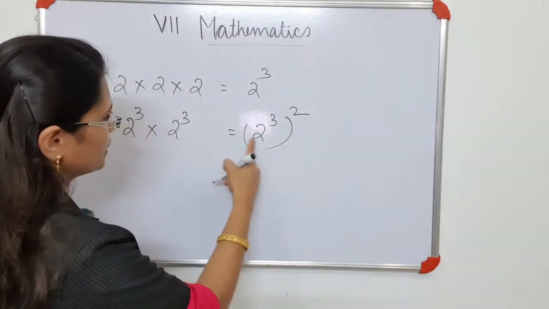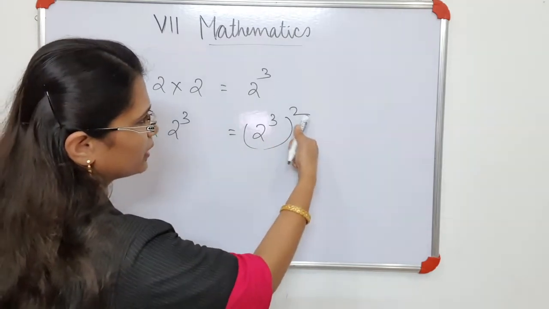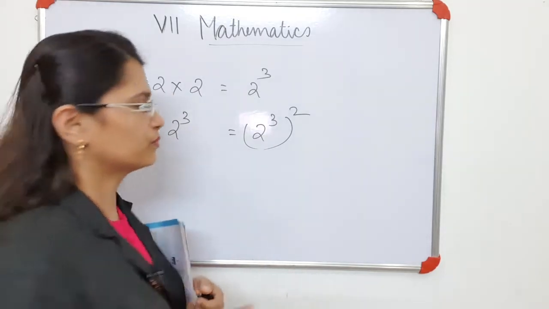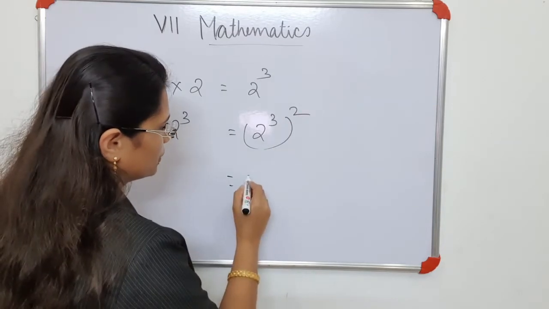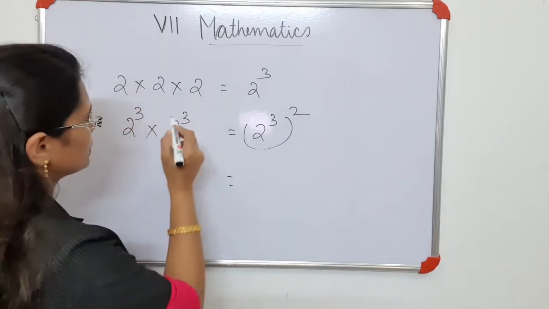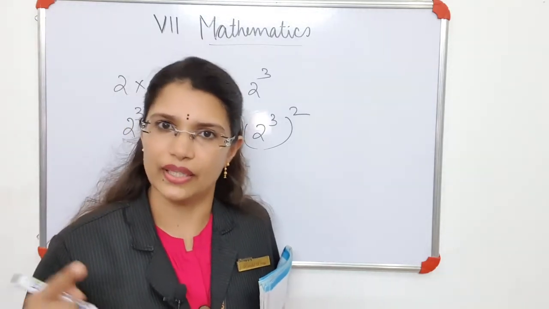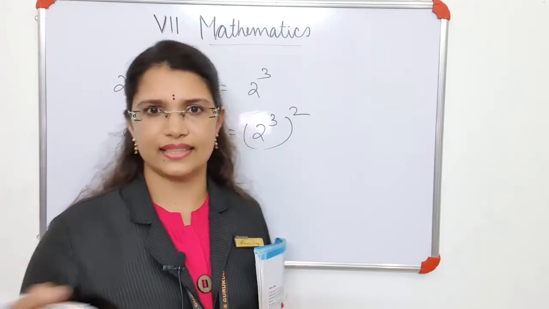2 raised to 3, write like this. How many times 2 raised to 3 multiplied? 2 times. So 2 raised to 3 whole square. What does this mean? 2 raised to 3 whole square is equal to 2 raised to 3 into 2 raised to 3. We have already learned x raised to m into x raised to n is equal to x raised to m plus n. Right?